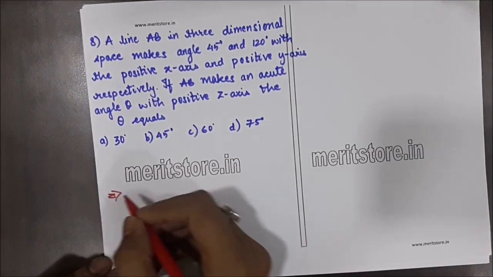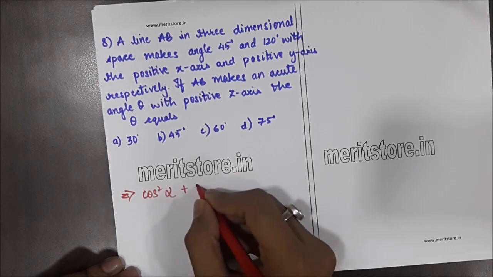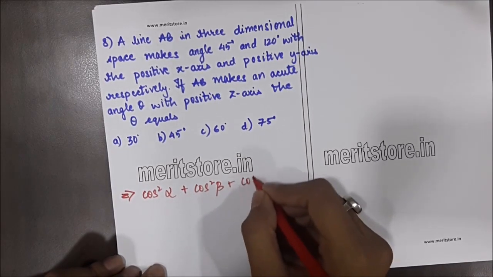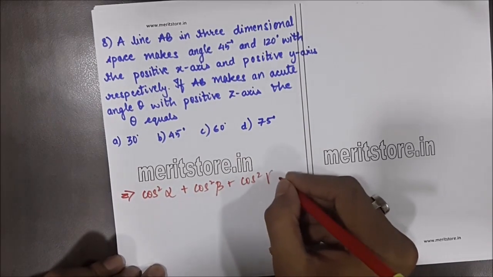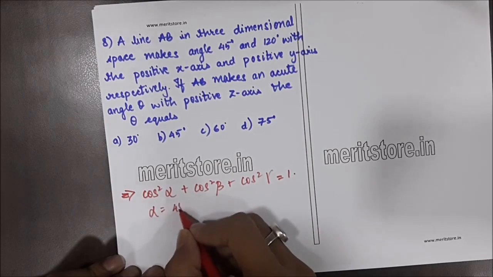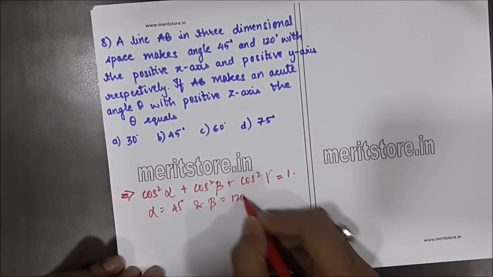Here we know the formula cos square alpha plus cos square beta plus cos square gamma is equal to 1. Here alpha is equal to 45 degrees and beta is equal to 120 degrees.